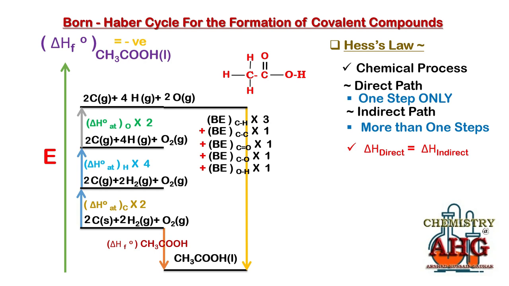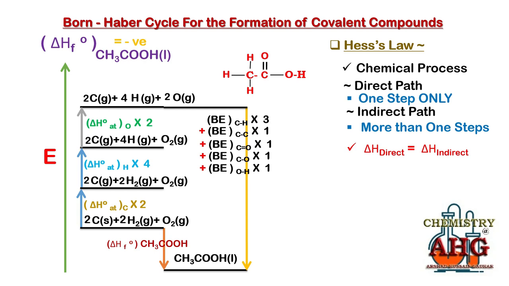Now this is a complete Born-Haber cycle where we have included both the direct path and the indirect path. Using this Born-Haber cycle, we will apply Hess's law and we will derive a formula for doing calculations. For deriving the formula, you must identify the initial and final stage of this Born-Haber cycle. What is the initial stage?